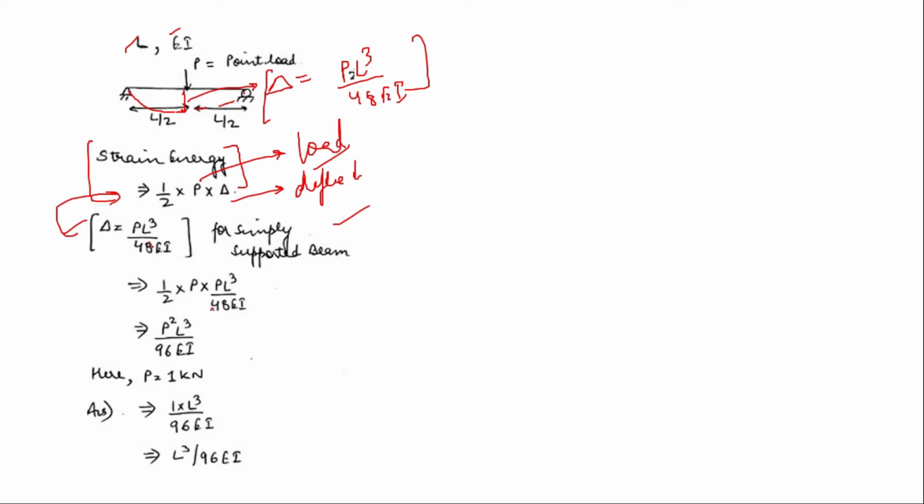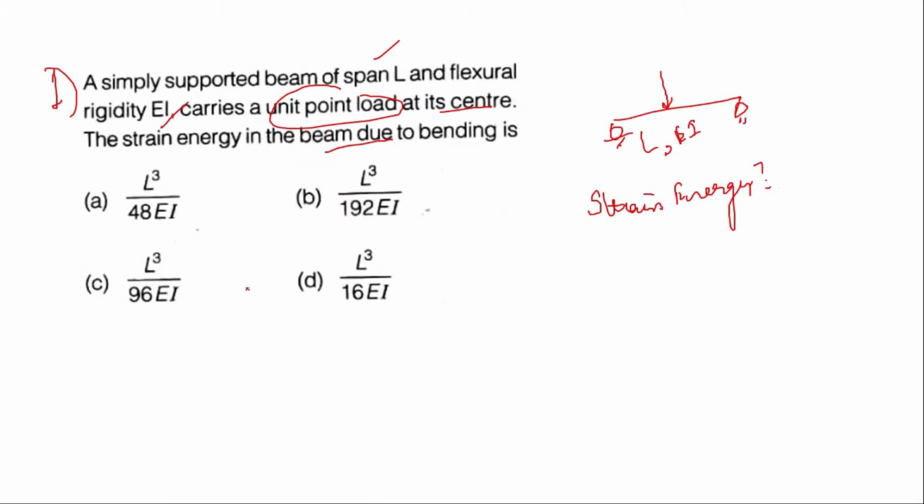If we take P as 1 kilonewton, then the answer will be 1 into L cube upon 96 EI. So the complete answer will be L cube upon 96 EI. This is the right answer.